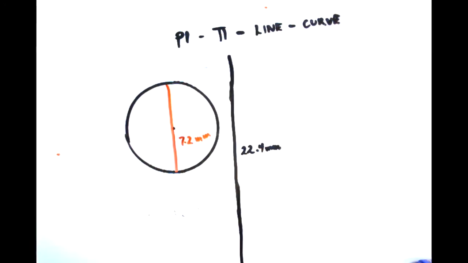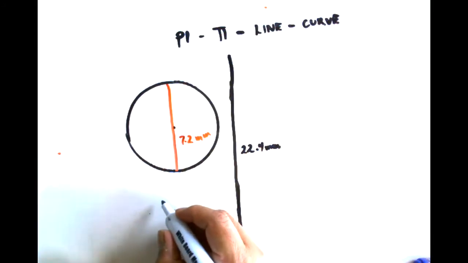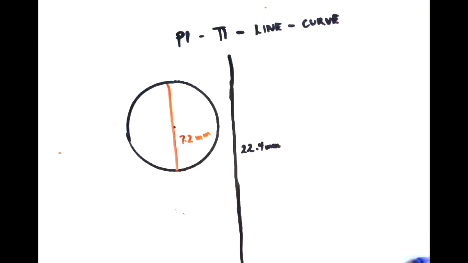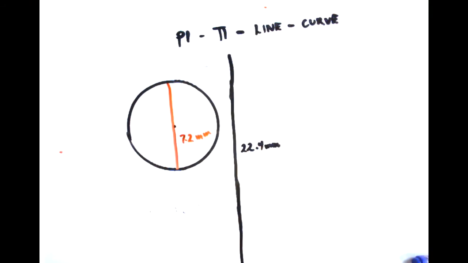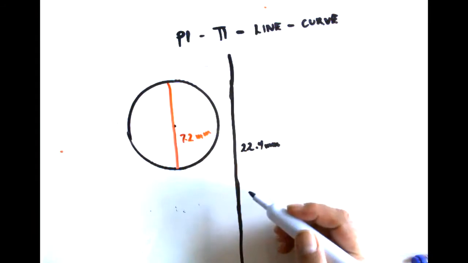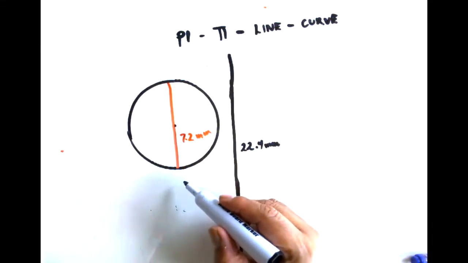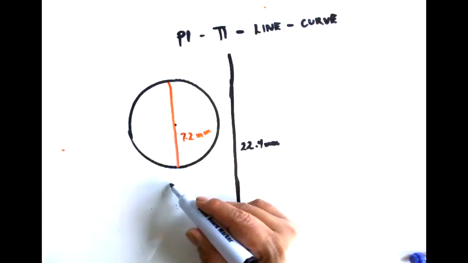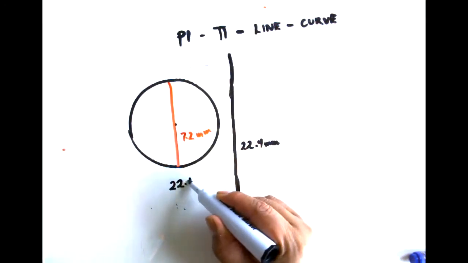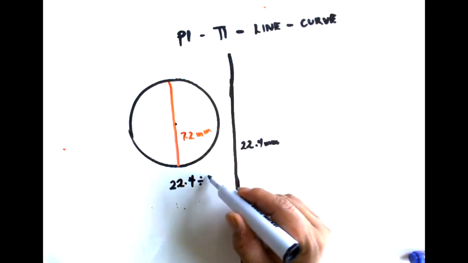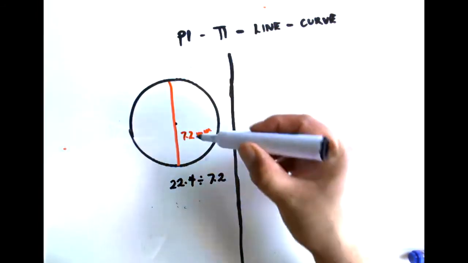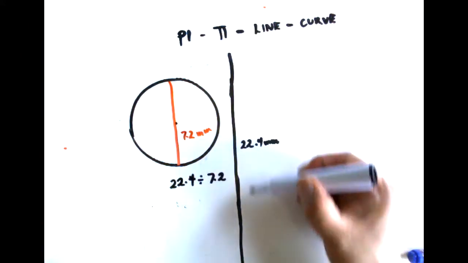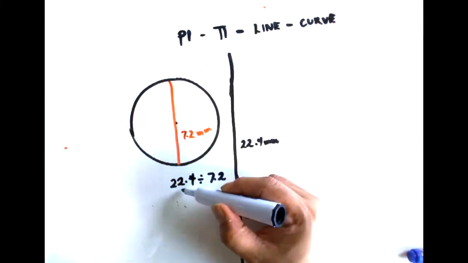So obviously, what was the question? How many times would the red line go into the black line? Or the question would be how many 7.2s would go into the whole circle.